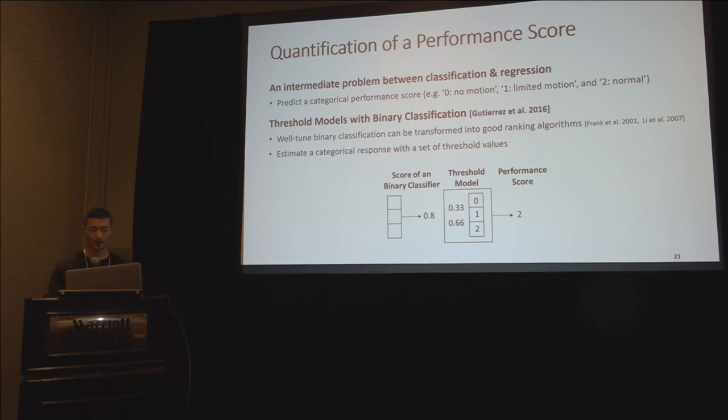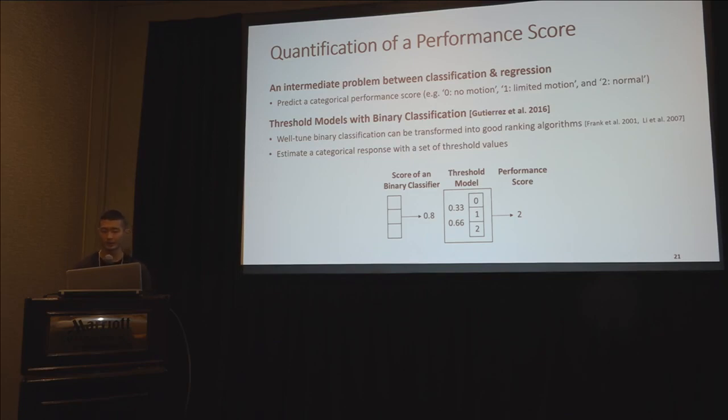And given the binary classifier, I'll now describe quantification. Our intuition is that quantification is an intermediate problem between classification and regression, where we need to predict a categorical performance score: 0 for no motion, 1 for limited, and 2 for full normal motion.